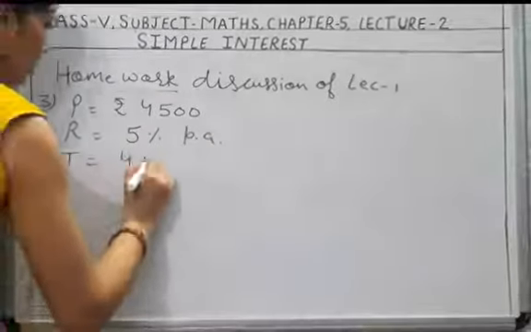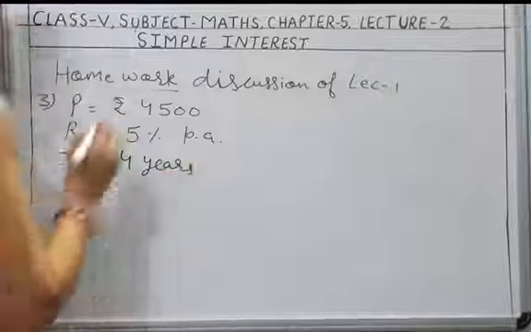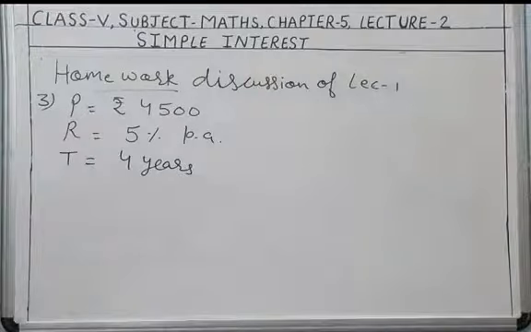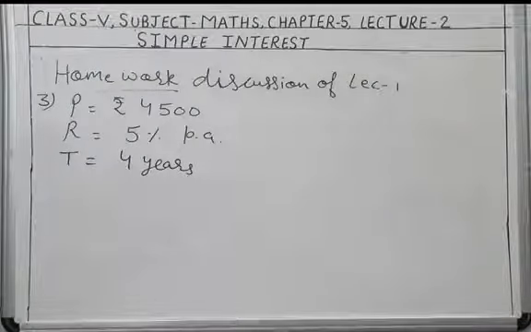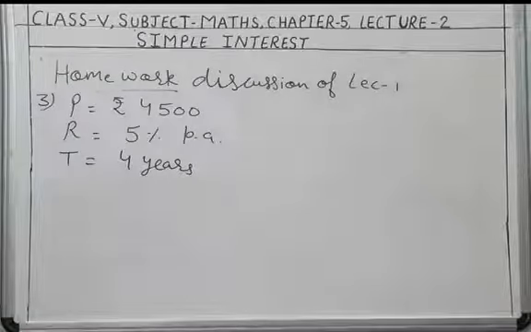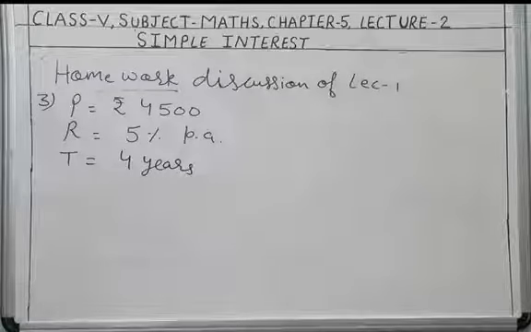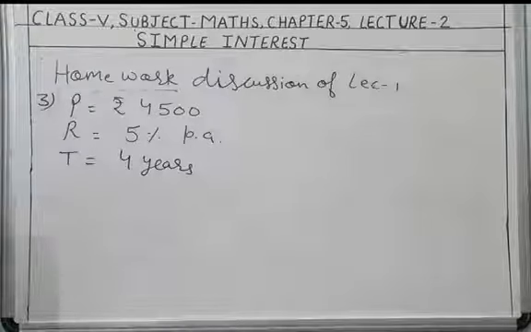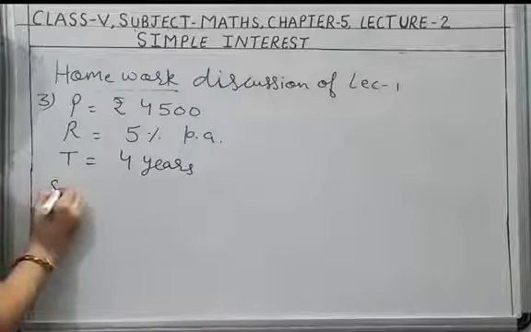Time is also given, 4 years. Also find the interest paid by Meera. You have to calculate how much interest Meera paid. So in this question you have to calculate interest and amount both.